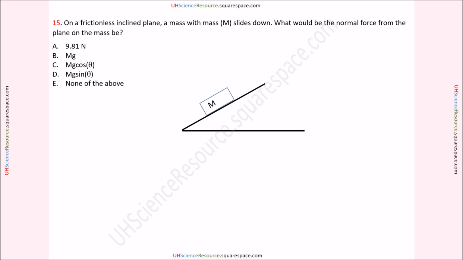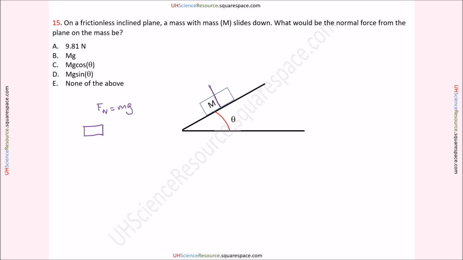that it's experiencing. So we know that the normal force is going to be perpendicular to the surface that it's on. So let's say that this angle is going to be theta. And we know that normally if the mass were on a flat surface, the normal force would just be equal to mass times gravity.